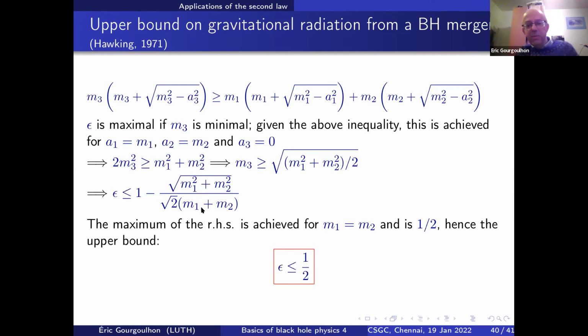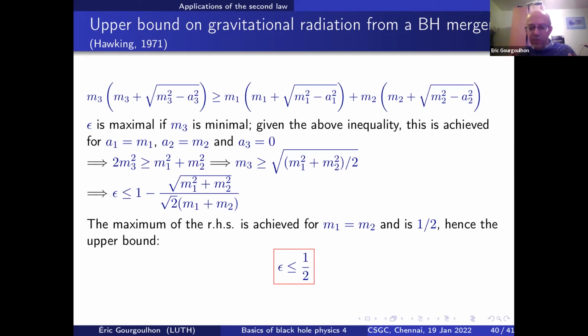So this upper bound depends on the masses of the two initial black holes, but if you study this function, you will see that the maximum efficiency is achieved when the two masses are equal, and this maximum is nothing but 1/2. So we get this absolute upper bound on the energy radiated away by gravitational waves in a binary black hole merger.